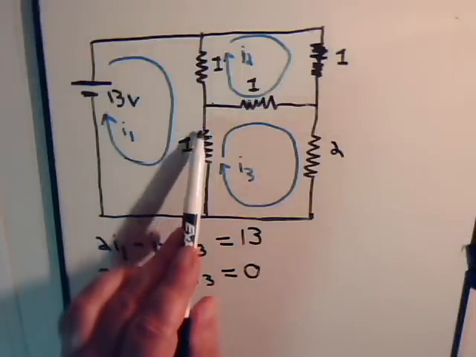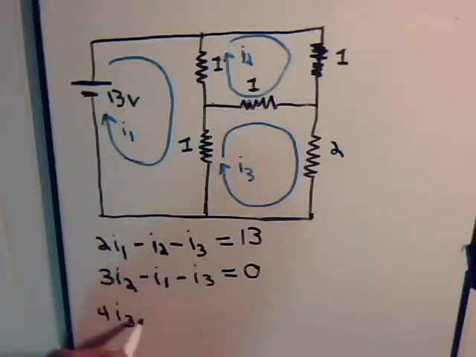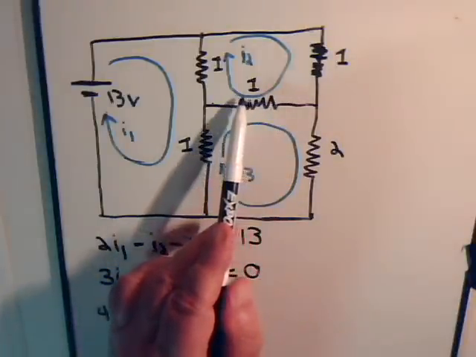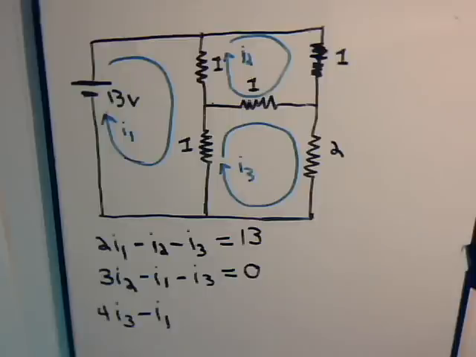Through this resistor we have I1 in the opposite direction, so we have minus 1 times I1, and here we have I2 flowing through the opposite direction in that resistor, so you have minus 1 times I2. No voltage source here, so that equals 0. And there we have it. Those are our three mesh current equations.